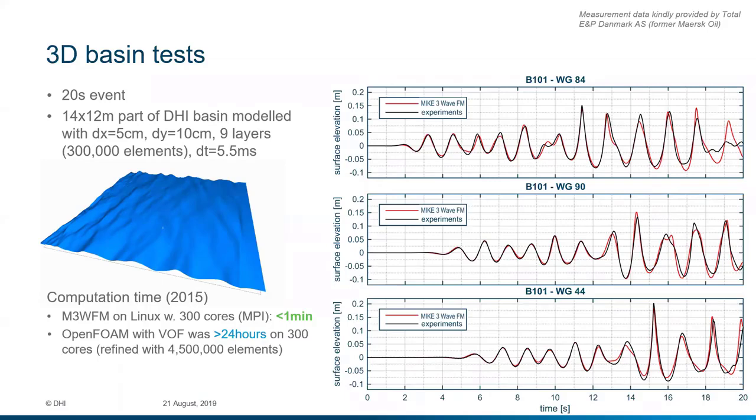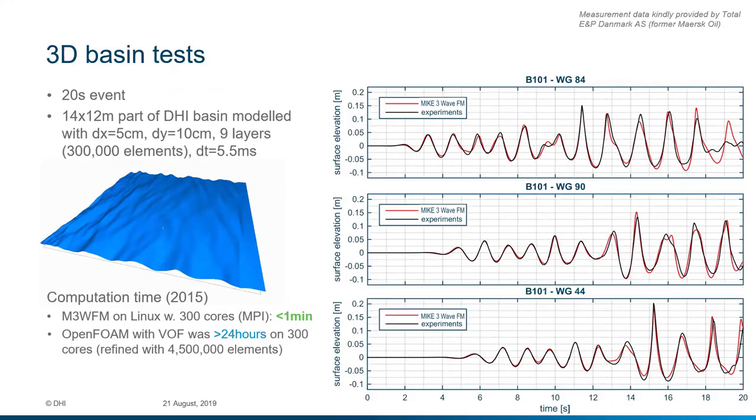These are typical application values, although of course they vary based on your needs. That totaled 300,000 elements, and it took less than 1 minute to compute on a Linux machine with 300 cores, while OpenFOAM with waves2Foam took 24 hours on the same 300 cores.